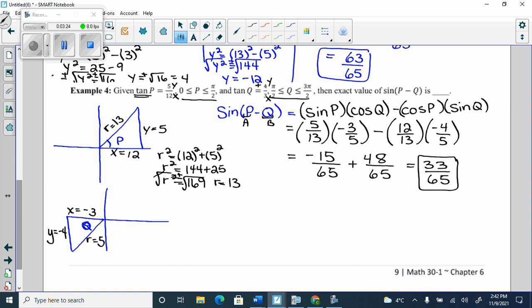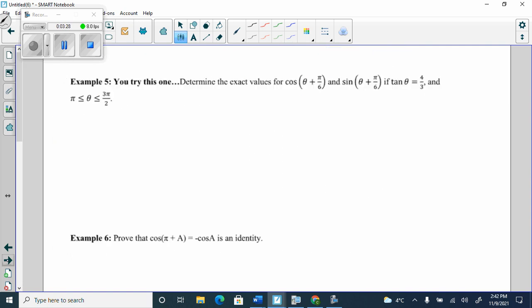I will come back to this one. I just want everyone to be able to write this one down, because I remember they're printed really weird. So write this one down properly. It says determine the exact values of cos theta plus pi over 6. So you can do that one separately, knowing that tan is 4 over 3 and it's in quadrant 3. And then you can do the question again with sine theta. So we're going to do one question with cos theta plus pi over 6.